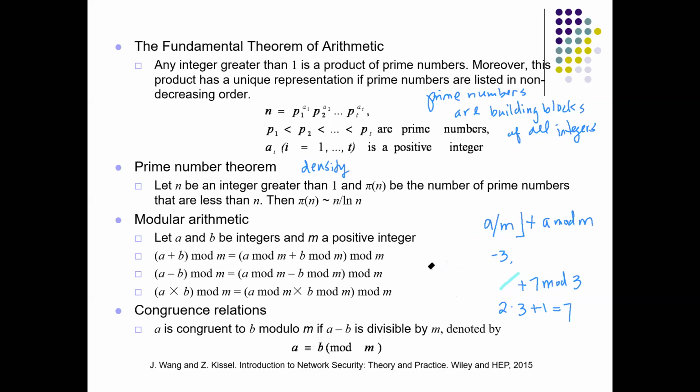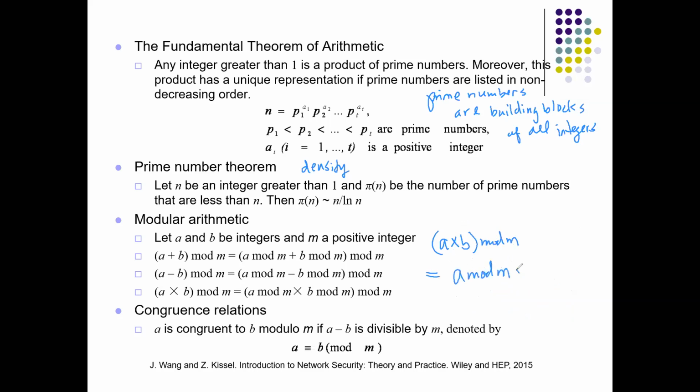And for this modular arithmetic operation, these are the rules. If A times B mod M is equal to, you distribute mod M individually, but the product of these two may still be bigger than M, so you need to take a mod M again.